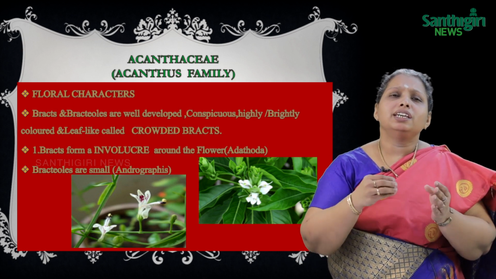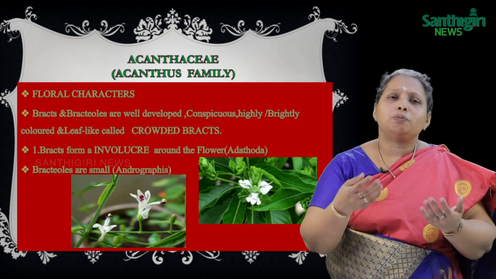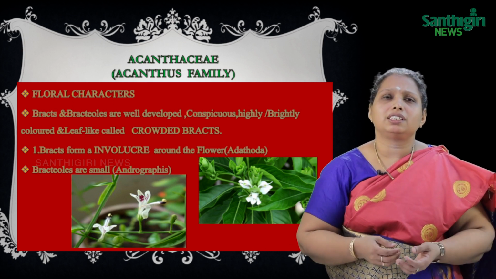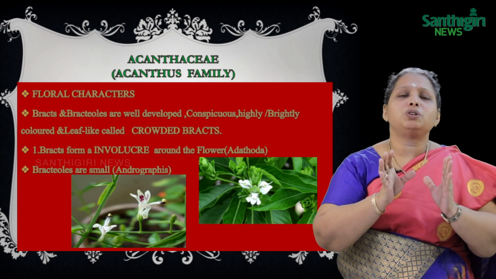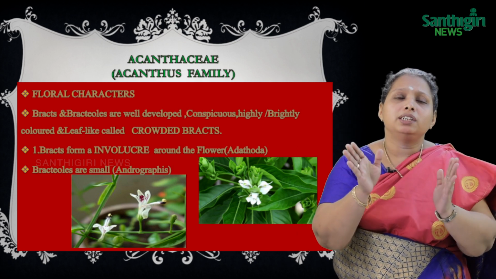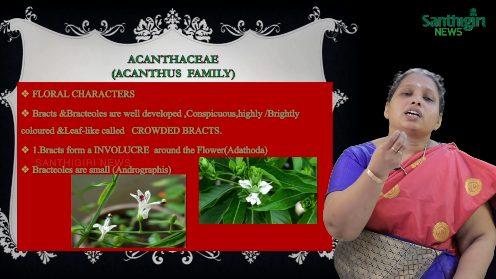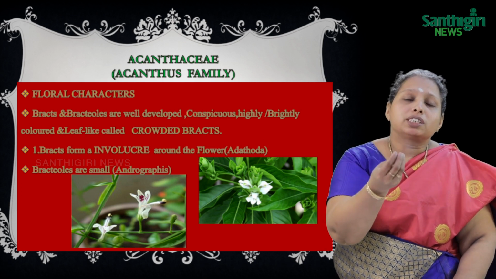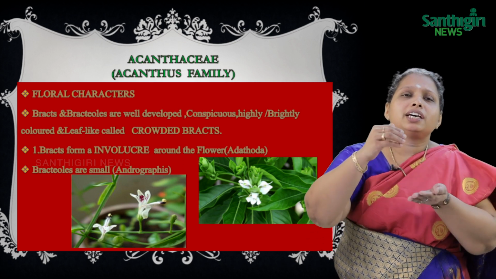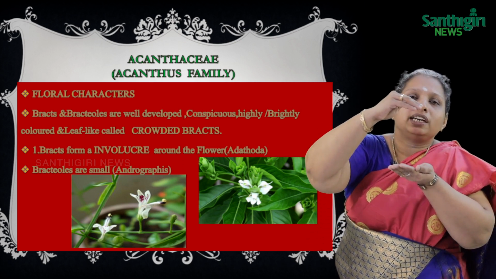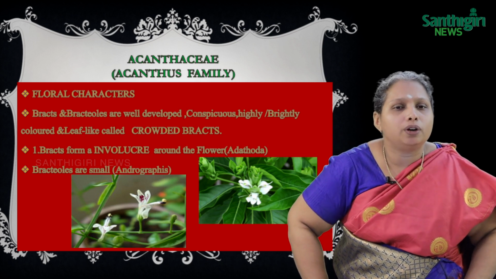In all other families, we often say bracteate, bracteolate, etc. But in Acanthaceae, bracts and bracteoles are well developed, colored, conspicuous, leafy in nature. They are arranged compactly and in a condensed manner. That arrangement is called crowded bract.